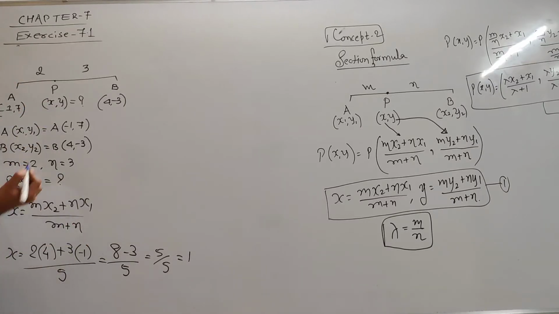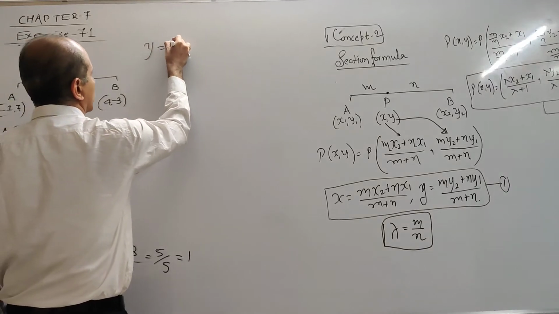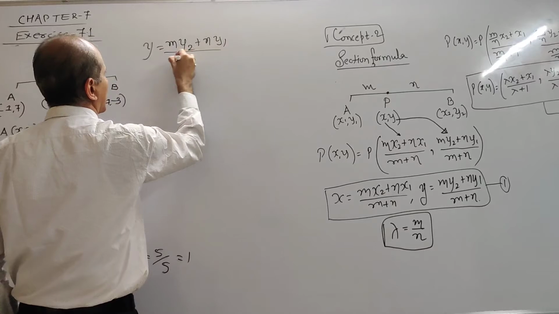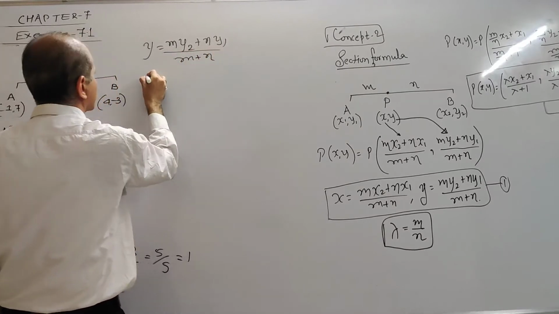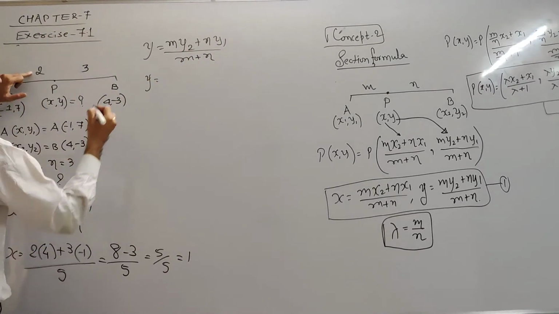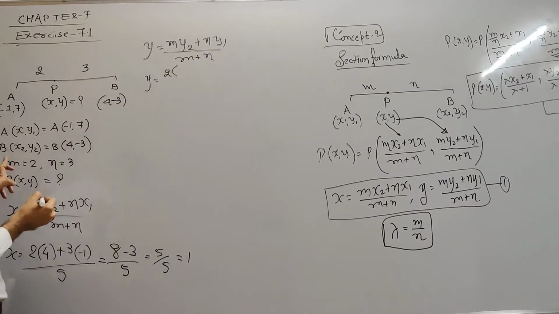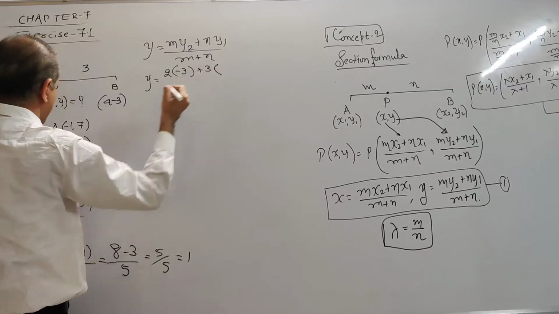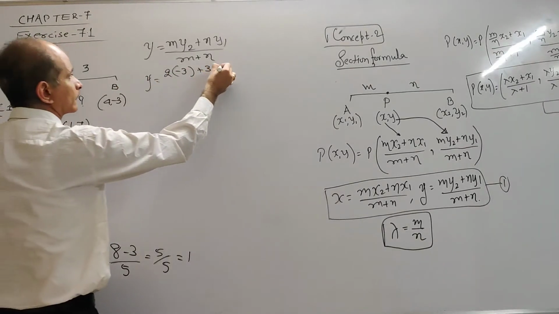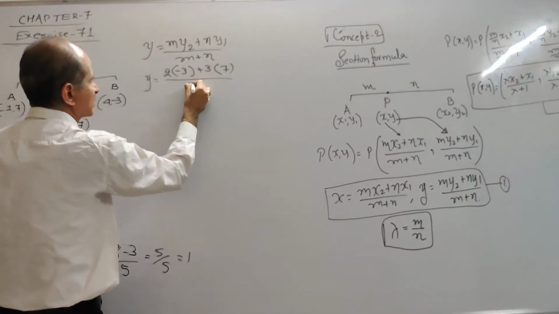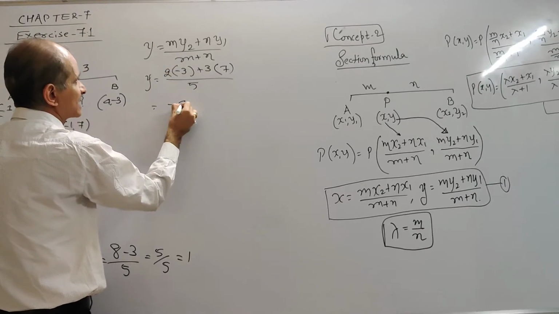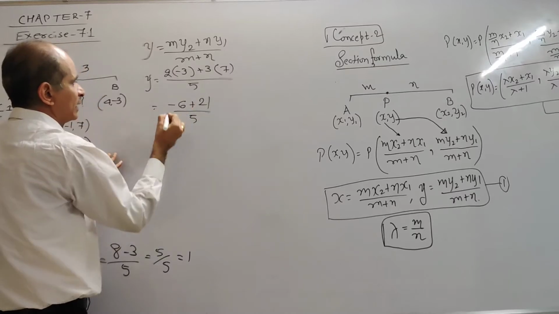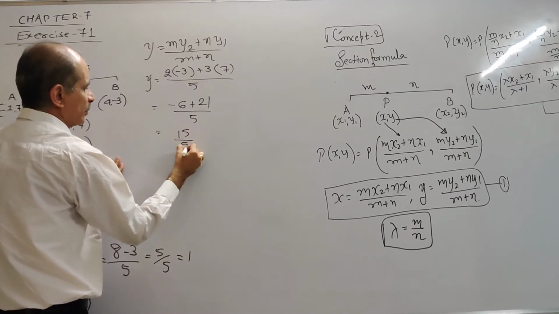Now let me find out the y coordinate. Y is equal to (m y2 plus n y1) upon (m plus n). So y is equal to m means 2, y2 means minus 3, plus n means 3, y1 means 7, upon m plus n means 5. 2 threes are minus 6, plus 7 threes are 21, upon 5. 21 minus 6, that is 15 upon 5.